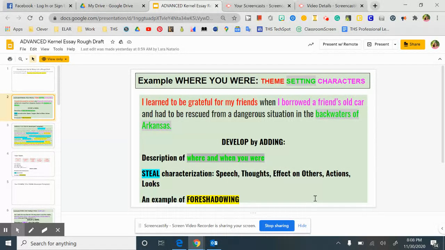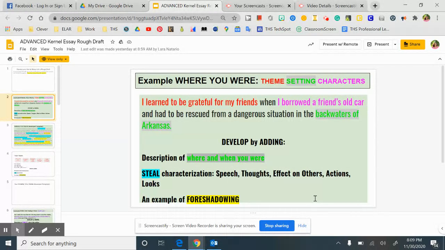Okay, so: I learned to be grateful for my friends when I borrowed a friend's old car and had to be rescued from a dangerous situation in the backwaters of Arkansas. The red represents the theme, the green represents the setting, and the pink represents the characters.